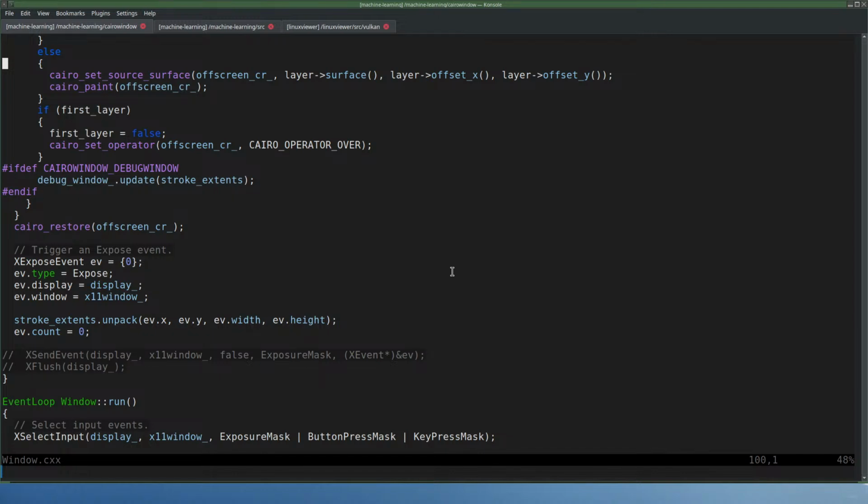Yeah, I think that what I should do is store all the extents that need to be exposed into a container and maybe optimize them. Like if say one falls entirely inside the other, then of course the smaller one can be removed. Or when two of them overlap, but they almost look like a rectangle, might as well replace it with a single rectangle.